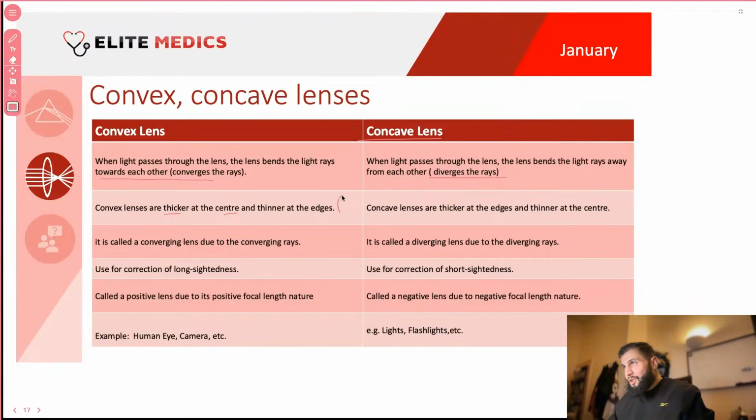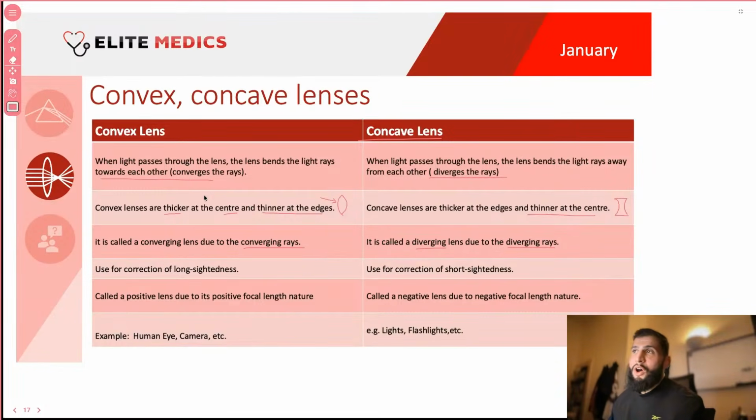If we were to draw it, convex looks like this: thicker in the center and thinner at the edges. With concave, it's thicker at the edges and thinner at the center. Converging lens because of the converging rays. Diverging lens because of the diverging rays.